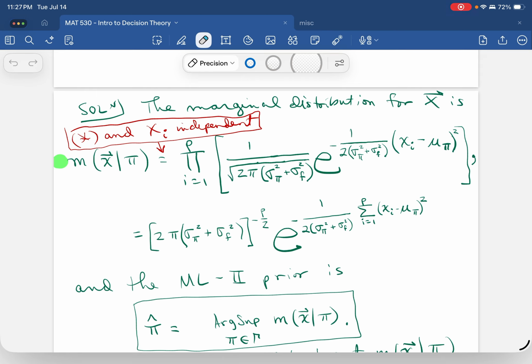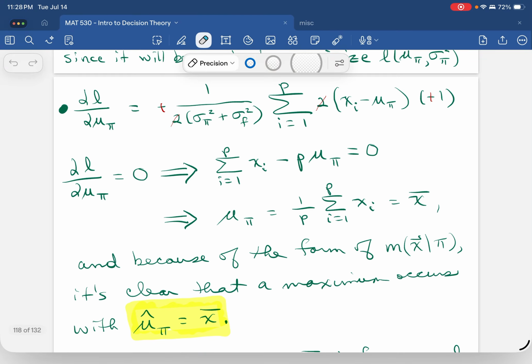This sum of the squares is going to be minimized whenever mu pi is equal to x bar. And since we have a negative in front, this expression here would be maximized at x bar. And then so would e to that power and so forth. Hopefully that convinces you that we really do have the right answer here for the first part as x bar.